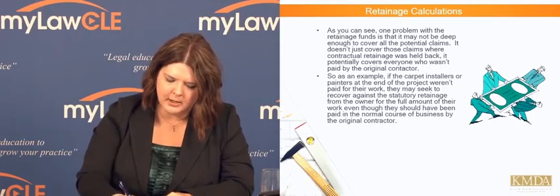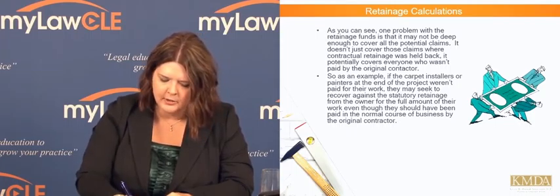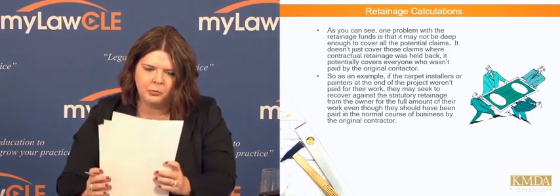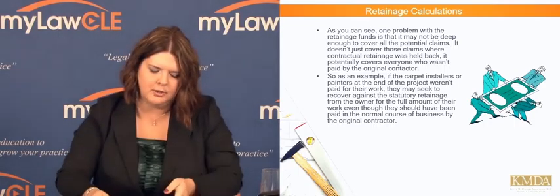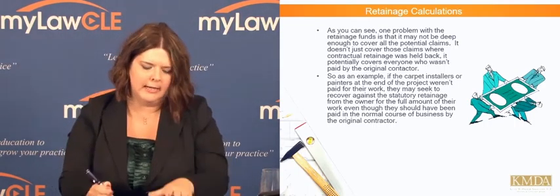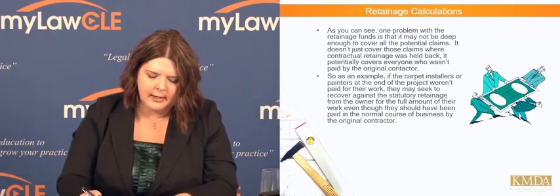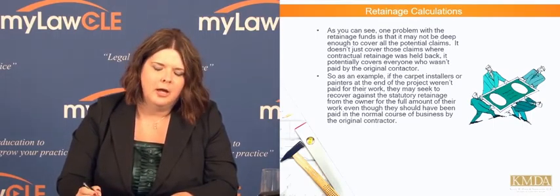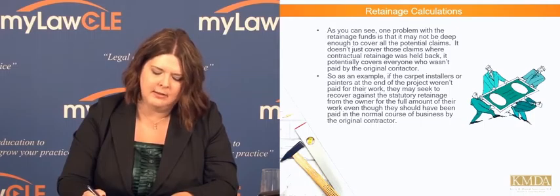Next thing we're going to talk about is calculating the lien deadlines. There are about 3 ways that you can usually look at calculating lien deadlines. From the last day the work is performed, Oklahoma uses that kind of system.